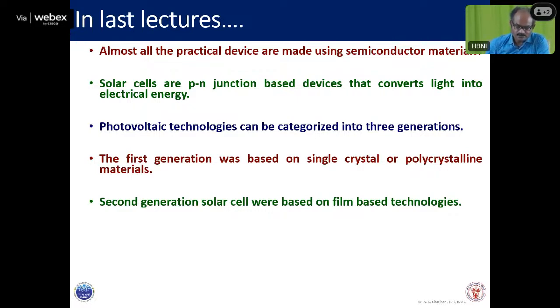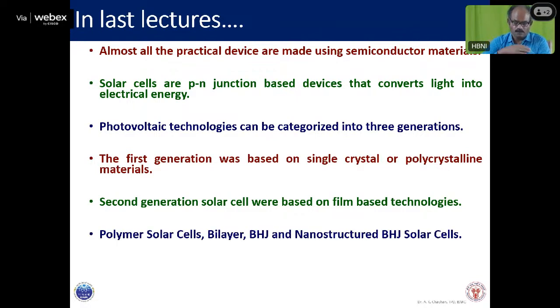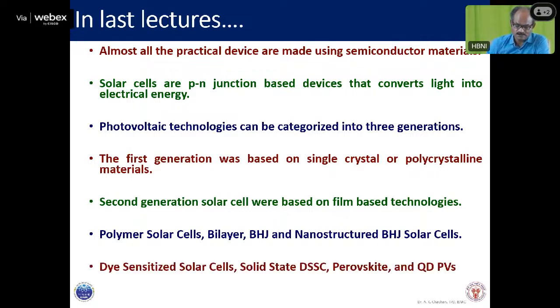Then second generation solar cells were based on thin film based technologies. Then comes polymer solar cells, bilayer solar cells, bulk heterojunctions, nanostructured bulk heterojunction solar cells, dye sensitized solar cells, solid state dye sensitized solar cells, perovskite and quantum dot solar cells.